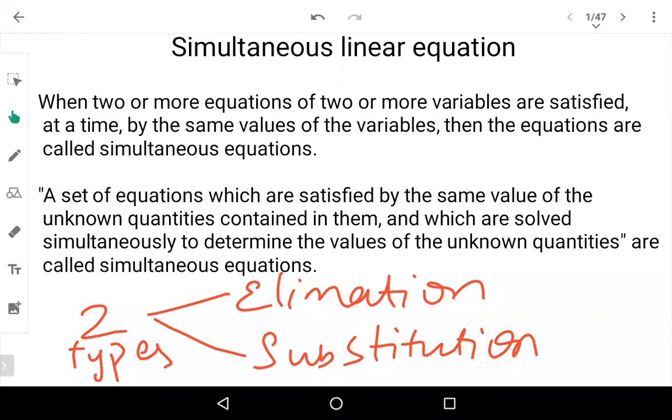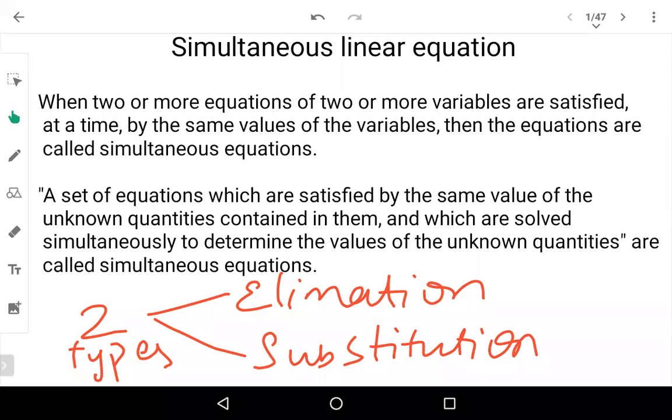Now, in this simultaneous linear equation, we have two types of methods. What are the two types? First one is elimination method and next one is substitution method. Very, very important for the examination. 6 marks questions will be asked directly. Directly they will ask: solve it simultaneously, or solve using method of elimination and method of substitution.